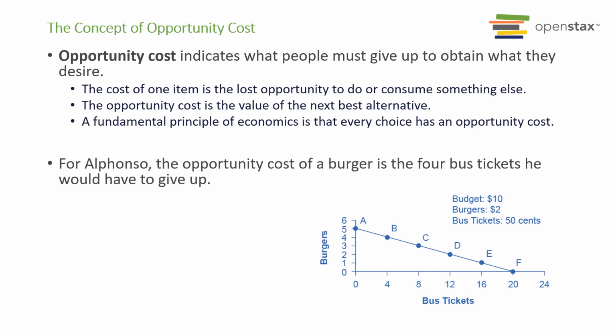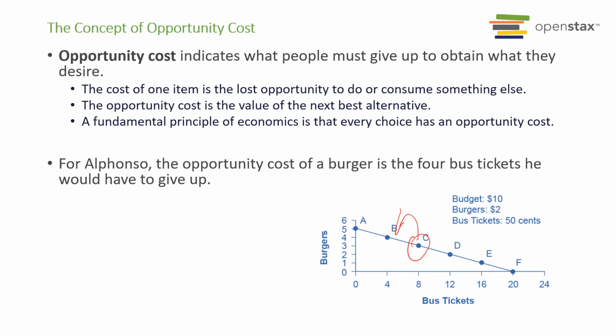And this is also known as the opportunity cost. Opportunity cost indicates what people must give up when they want to obtain something else. If you look at this budget constraint, or the opportunity set, from the example, let's go from point C to point B. What are we giving up?